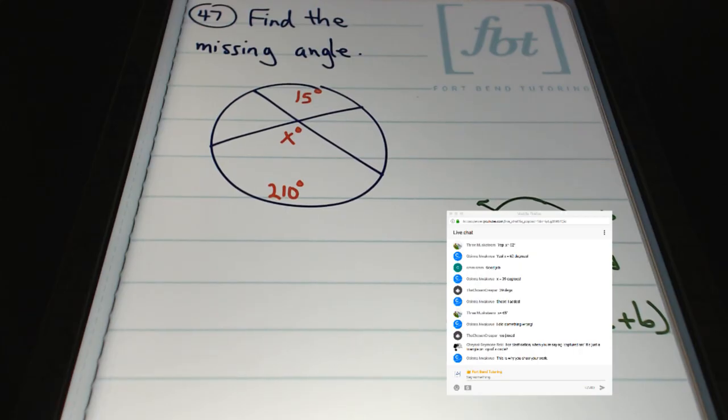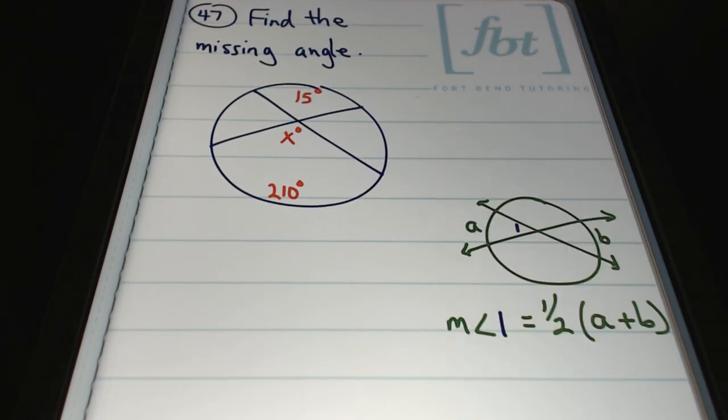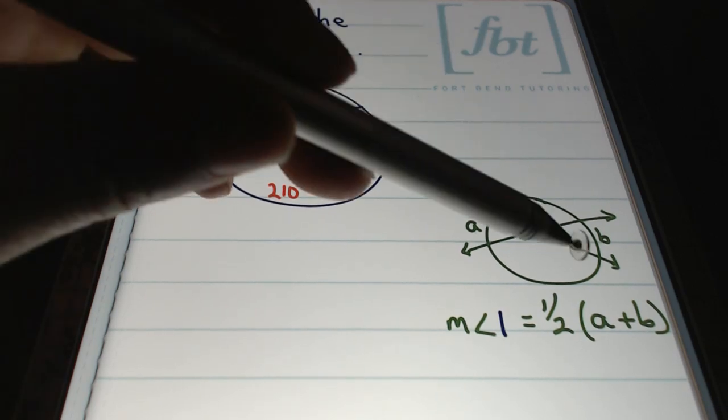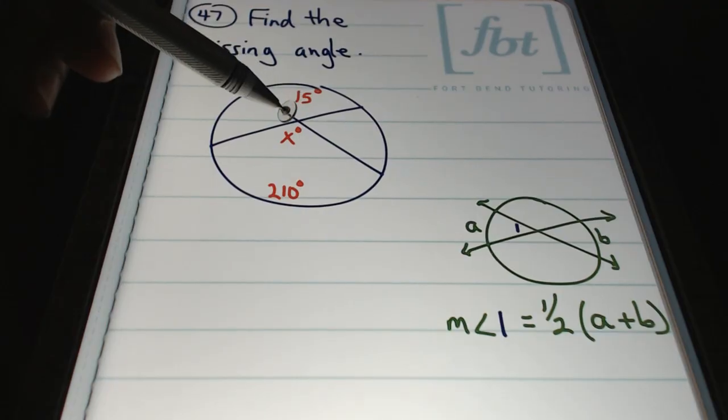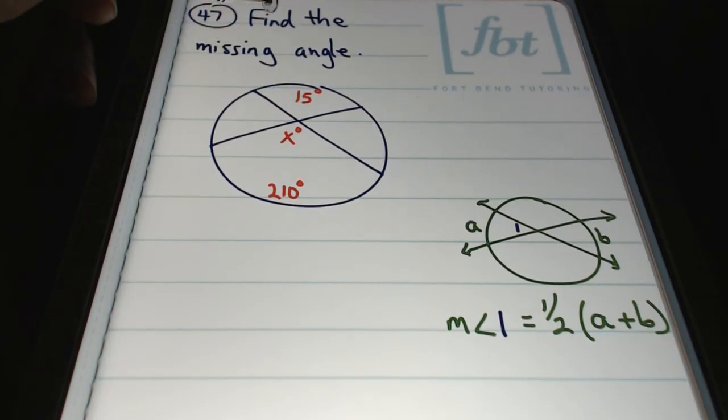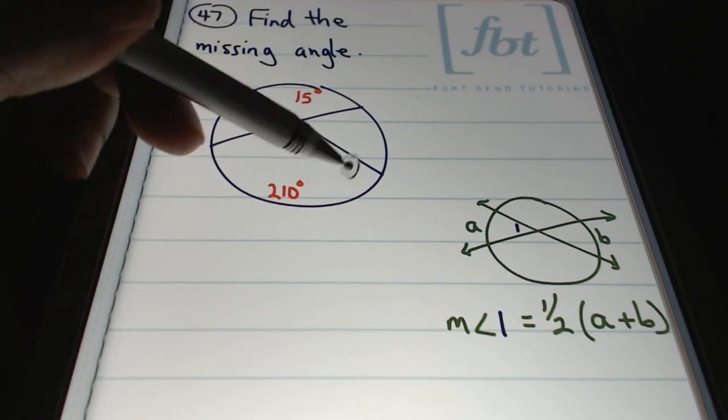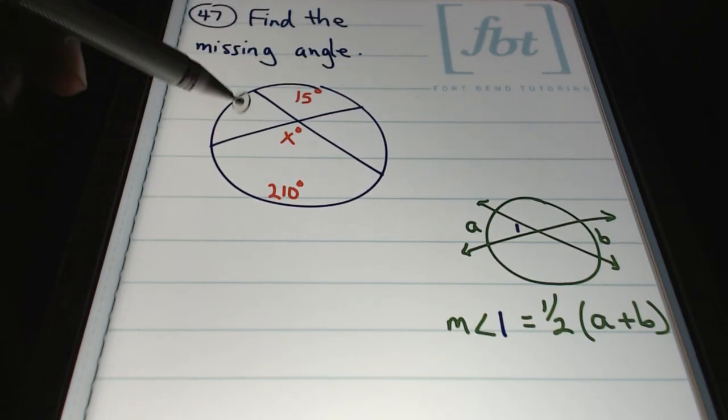In problem number 47, guys, we have to find the missing angle. And Simone says she understood that last one. Fantastic. Well, guys, here we are going to be utilizing the notes right here that will inform you that in order to find this angle in this intersection, we need to take half of the sum of the arcs that these intersections are capturing, Simone.